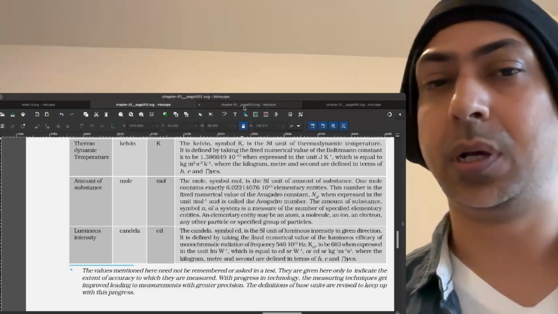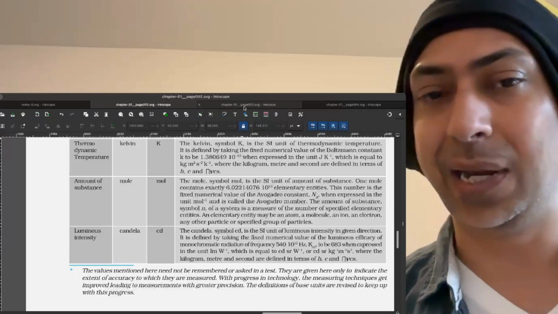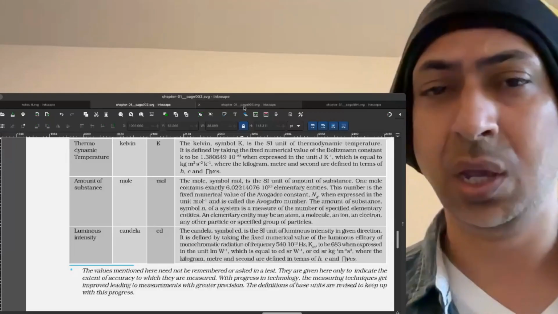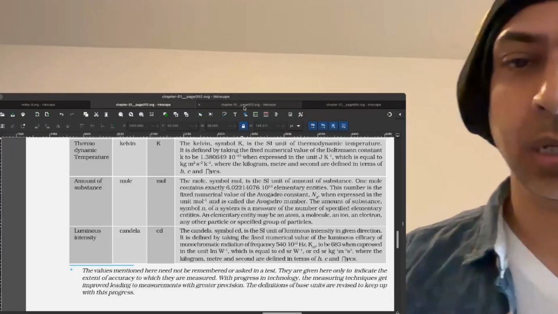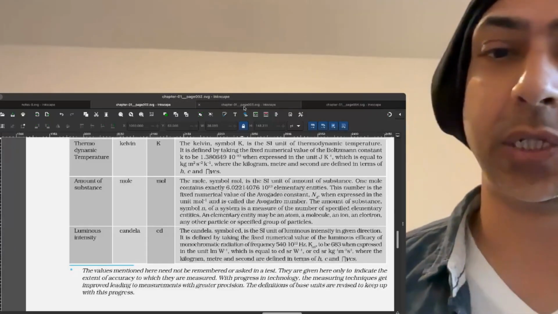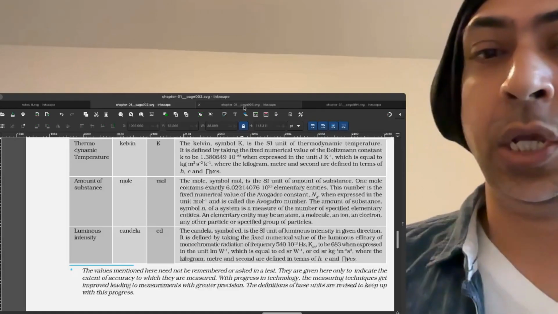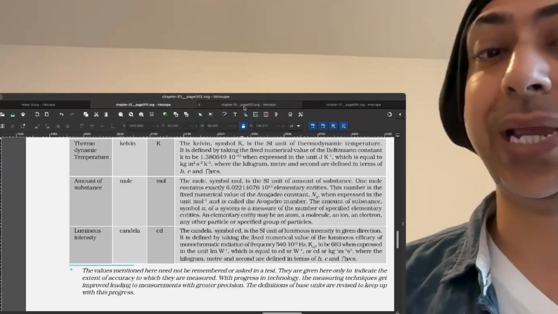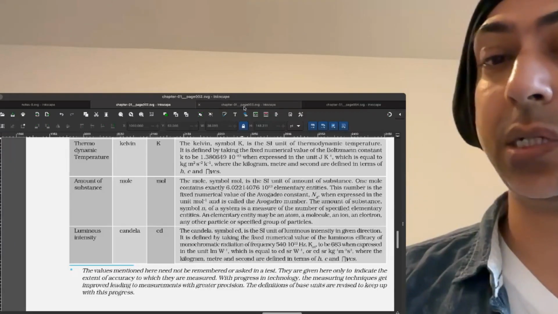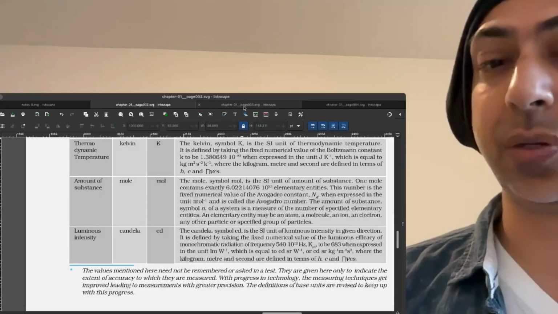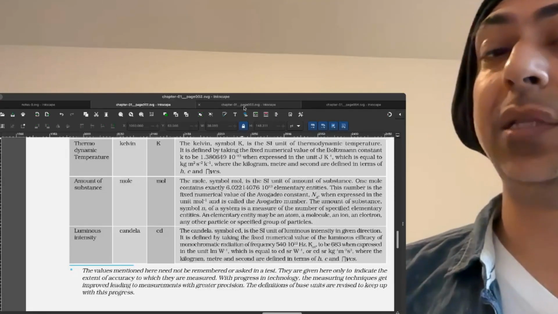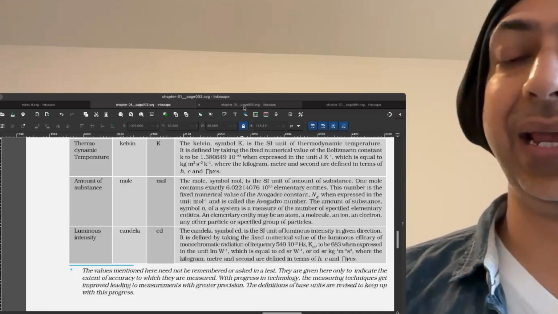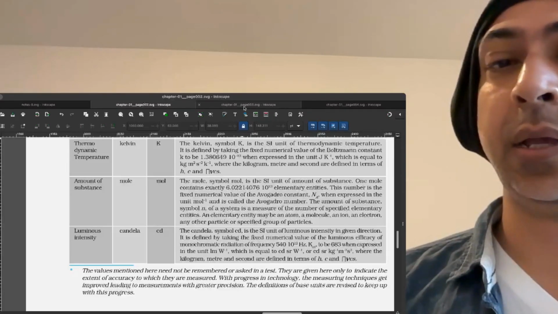There's an example, the vernier caliper. There are some precision measuring instruments that are called vernier calipers. They also have physical limitations. A choice of change of different units does not change the number of significant digits or figures in a measurement.